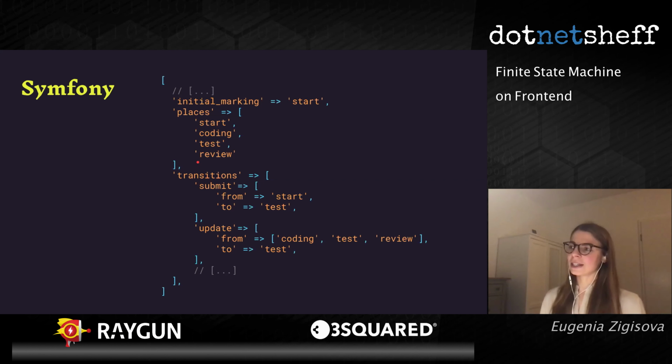And here, as you see, their example is also based on a workflow, like a development workflow where you start a feature, you code, you test, and you review. And yes, they specify the initial state, which is start, and also all possible transitions. It's a little bit different, but still all the machine configuration is in one object, which is similar to XState.